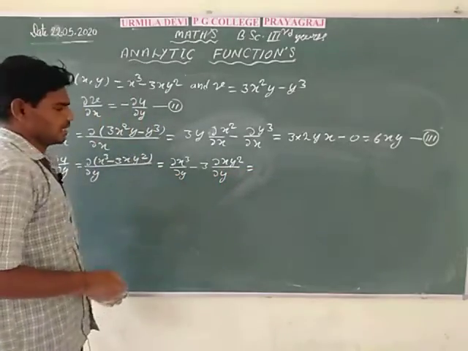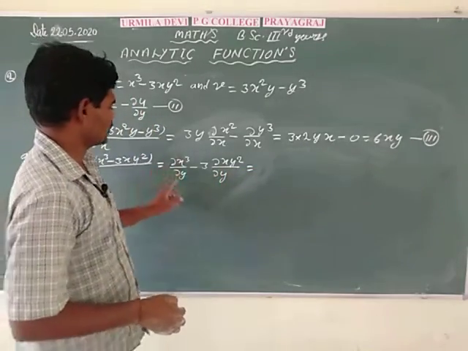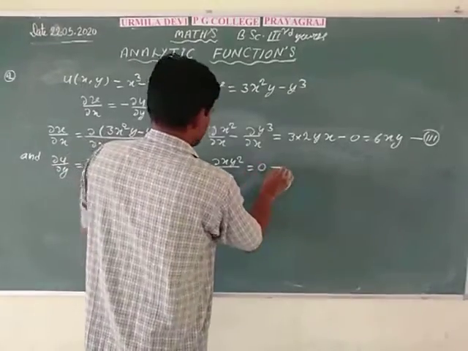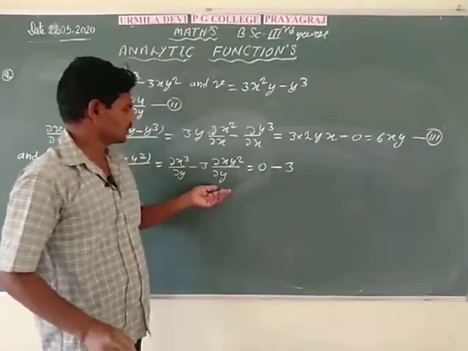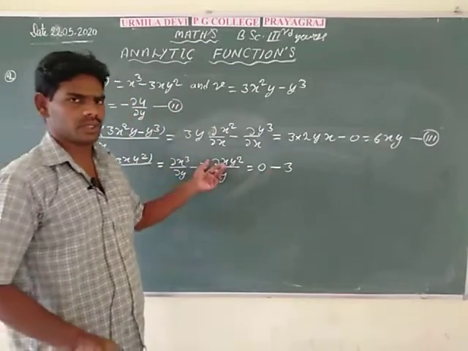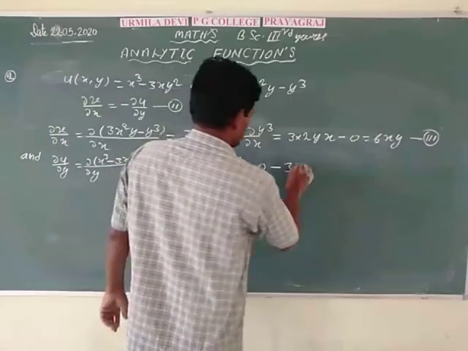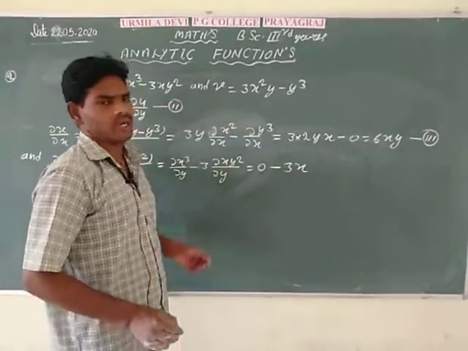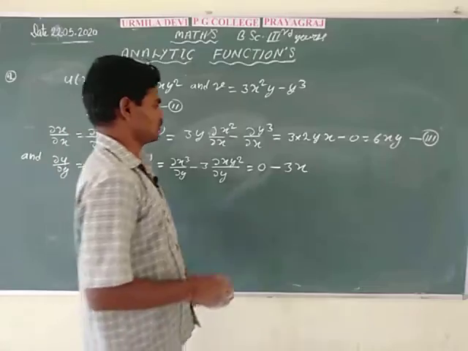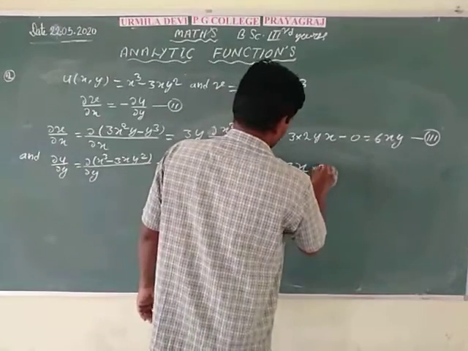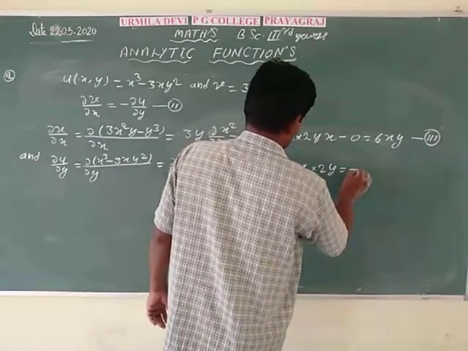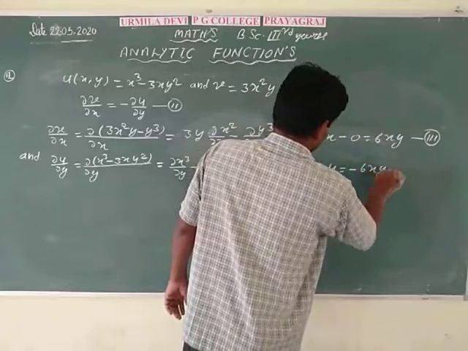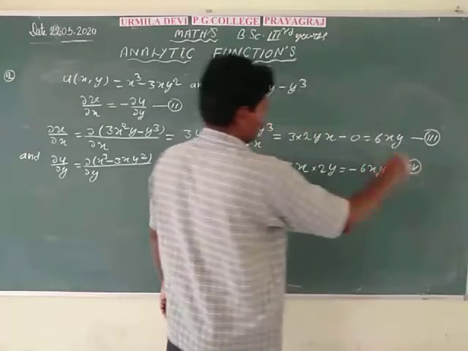X is constant with respect to y, so the total is 0 minus 3 here with respect to y. x is constant, so x is taken outside, so 3x, and the differentiation of y square with respect to y is 2y, so into 2y is equal to minus 6xy, taken as equation 4.